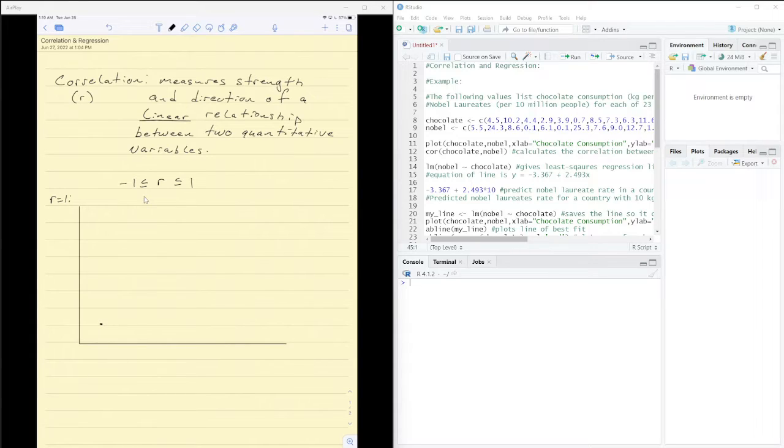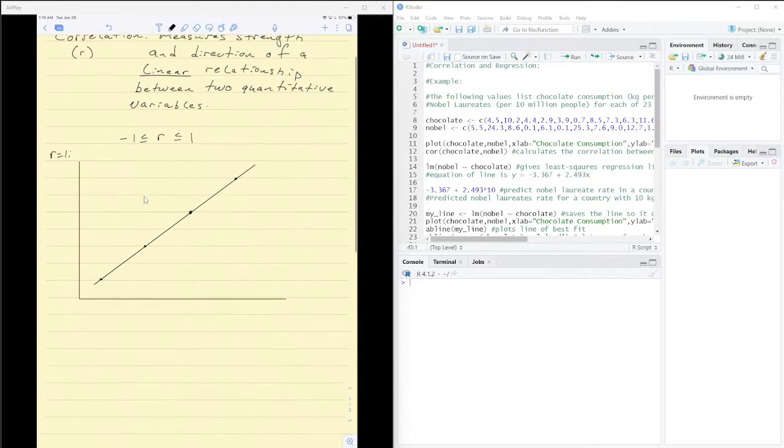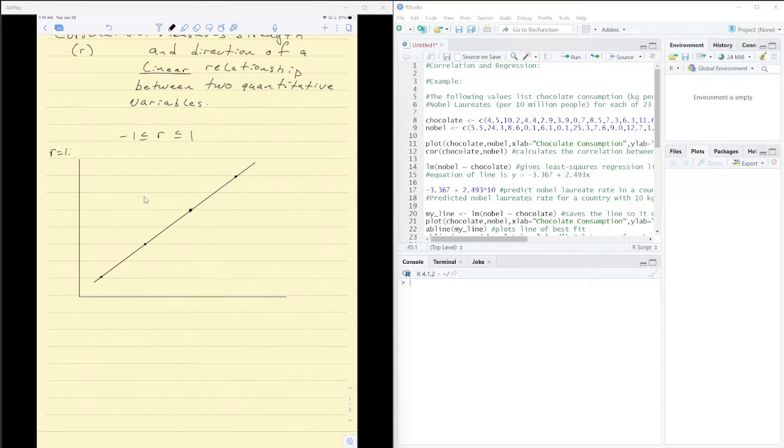If I have points that lie on exactly the same line, so all of these points lie perfectly on the line. I'm off from my drawing error, but this would be a perfect correlation. Correlation equal to 1. If you draw one line, all the points lie on that line.